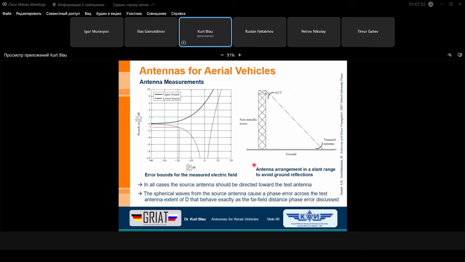Okay, in all these cases, the source antenna or illumination antenna should be directed towards the test antenna, otherwise we reduce the so-called dynamic range.